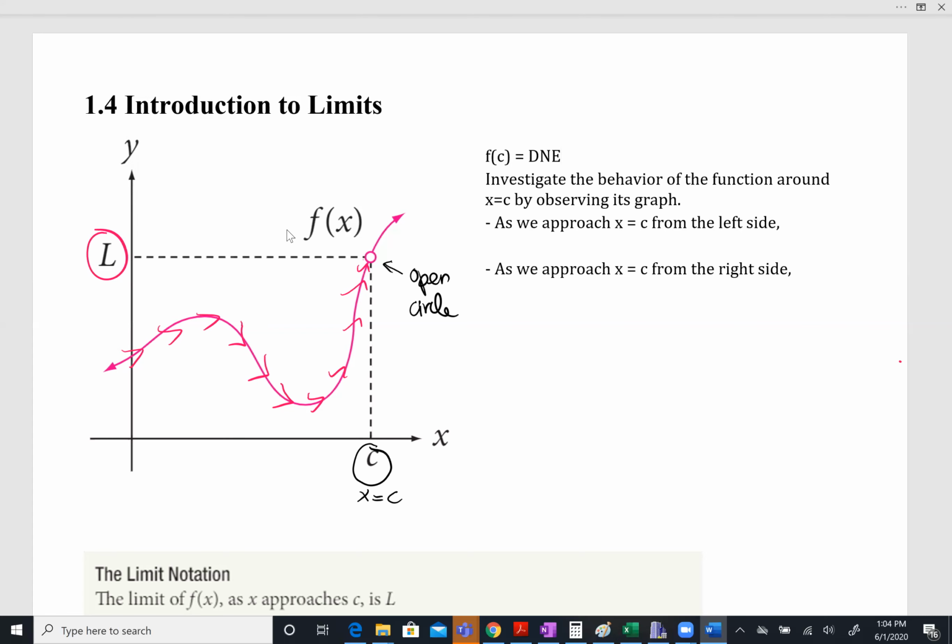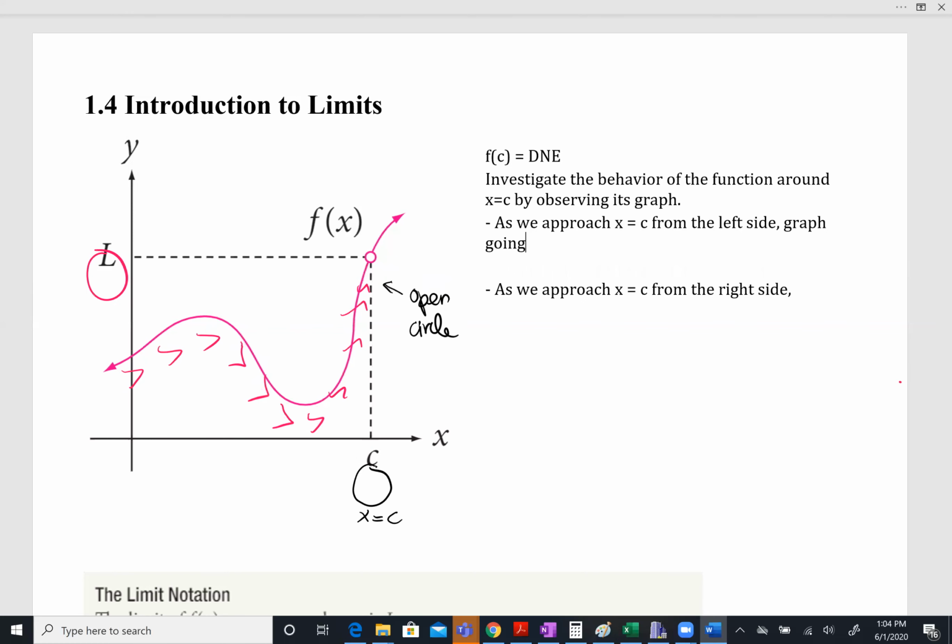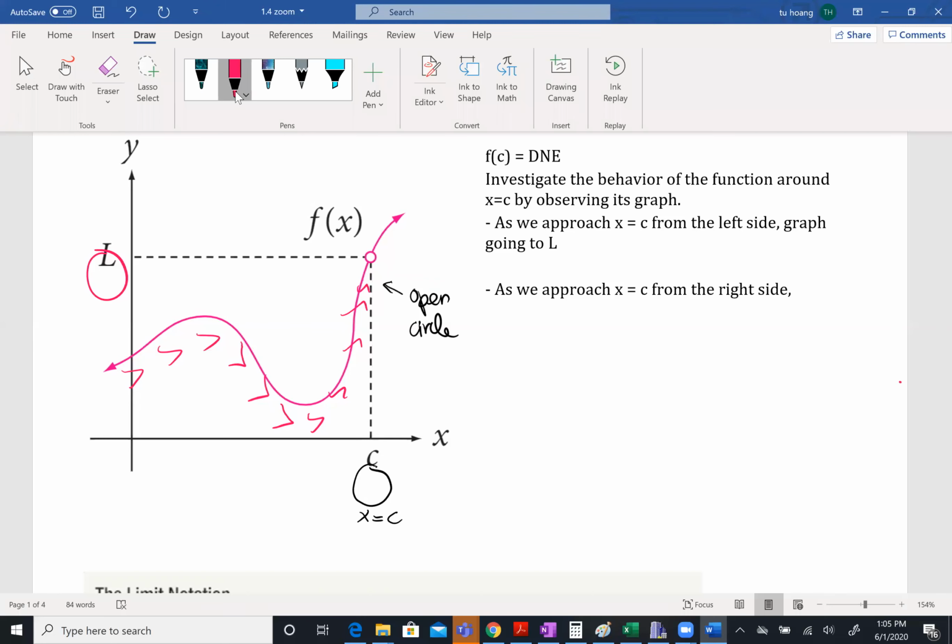Okay, so here I'm going to say the graph is going to the value of L. Okay, and similarly on the other hand side, the right hand side, let me change the color.